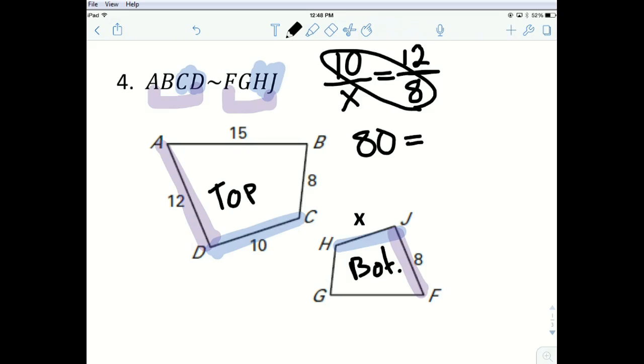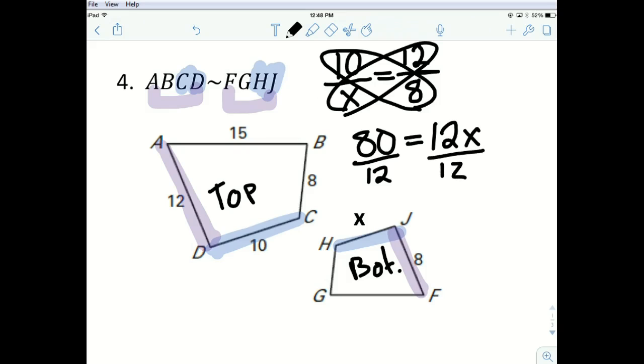It's 8 times 10, which is 80, and we'd have 12x over here. We're going to divide both sides by 12. And 80 divided by 12 is 6.7.